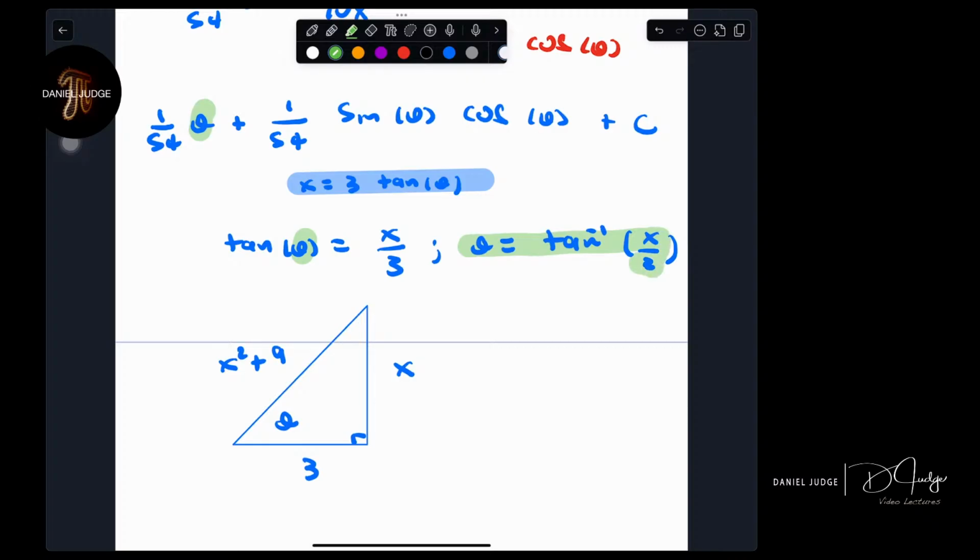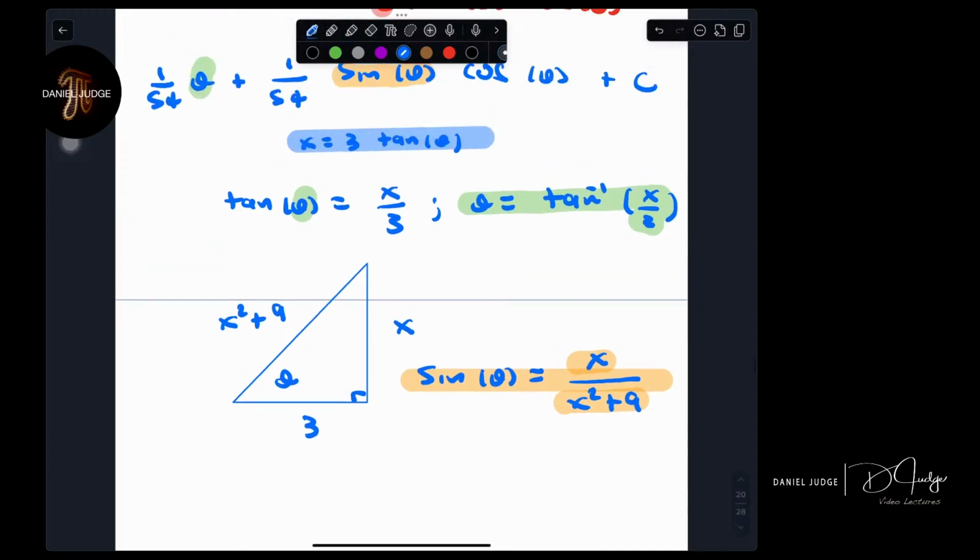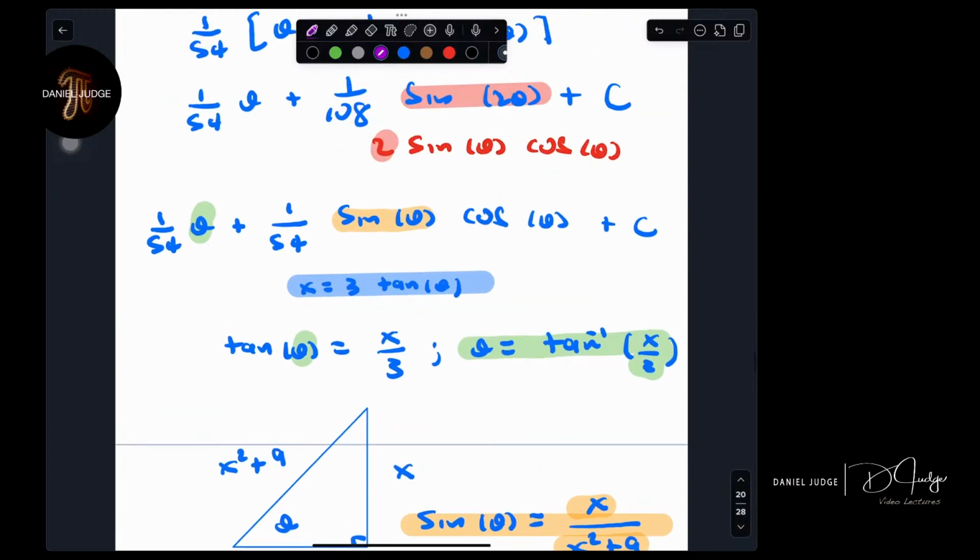There's my theta. We need sine theta now. So sine theta, the definition of sine is opposite over hypotenuse. Sine is x over the square root of x squared plus 9. I think we need a cosine, right? We need cosine as well.